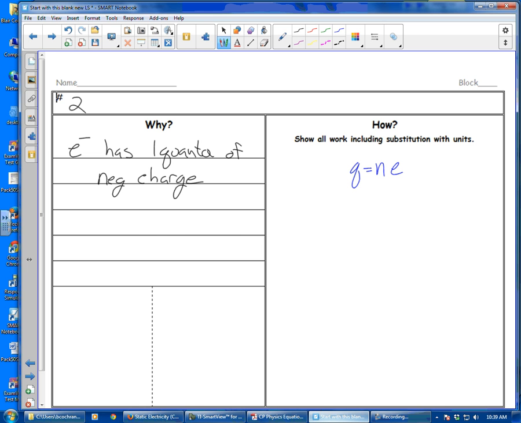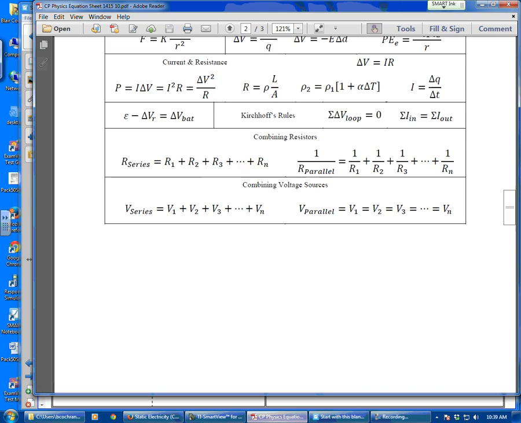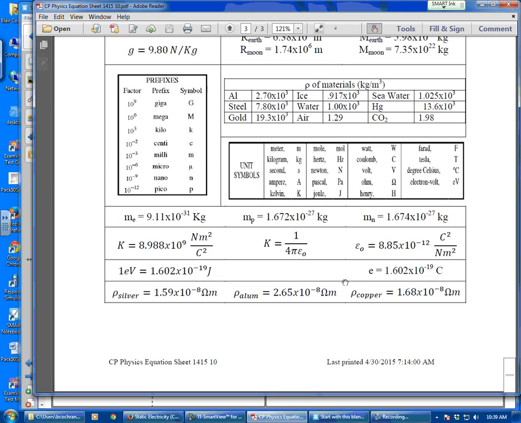We go down and flip over to our formula of facts and constants, and we look down the bottom where we have the value of quanta in coulombs, which is 1.602 times 10 to the minus 19th coulombs in each quanta of charge.